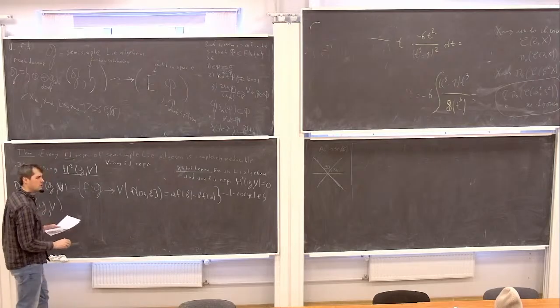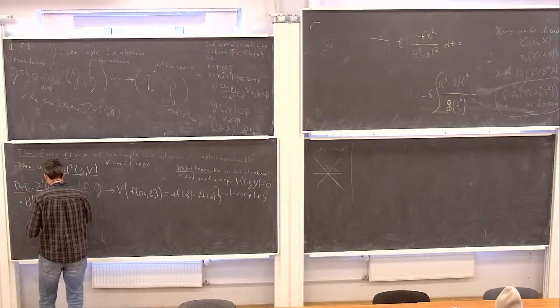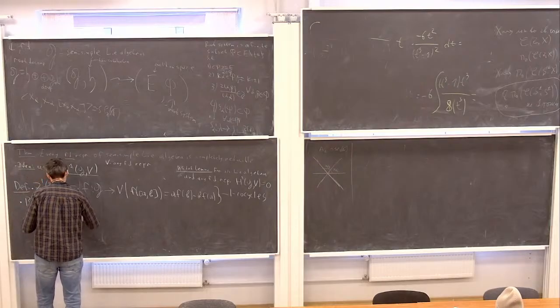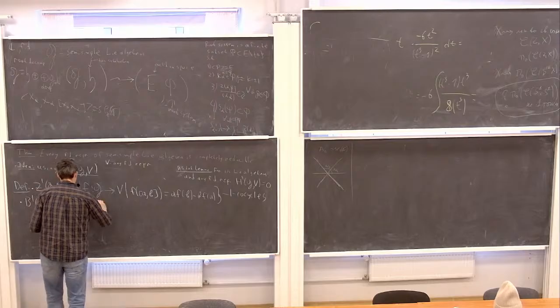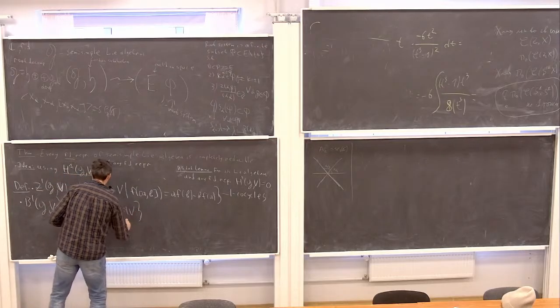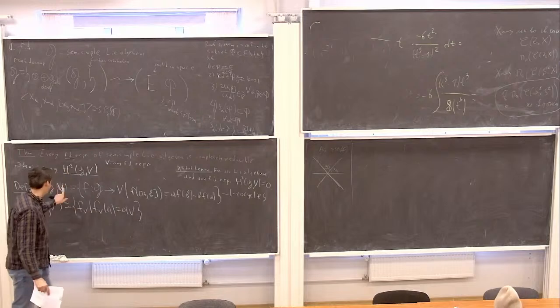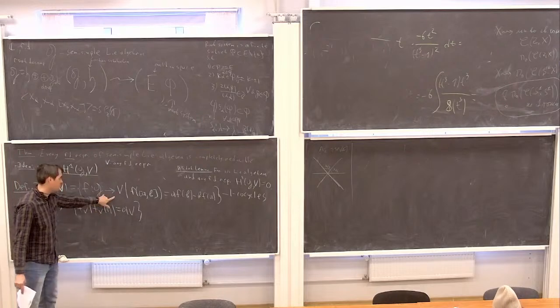Let's call it trivial one cocycles, which corresponds to F_v, where F_v of A is equal to A v. So I claim that for any vector in the representation, this is a one cocycle.